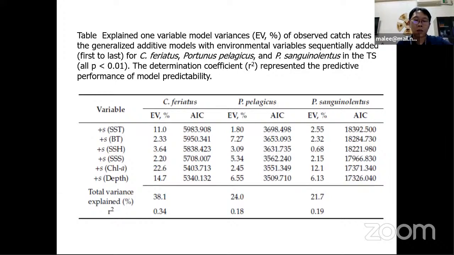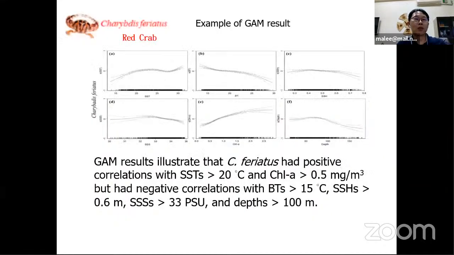The R-square is reached to 0.1834. So here maybe we can give an example for the red crab. Their result shows the red crab has a positive correlation with the sea surface temperature when temperature is larger than 20 degrees Celsius, and the chlorophyll A larger than 0.5 milligram per cubic meter.